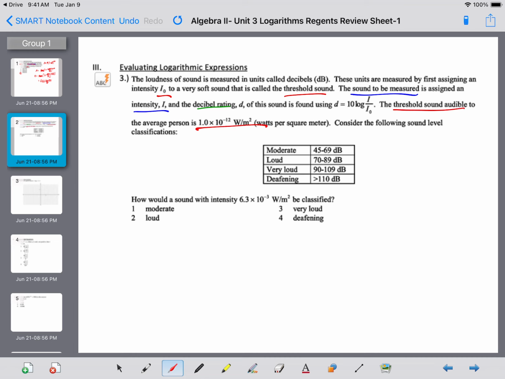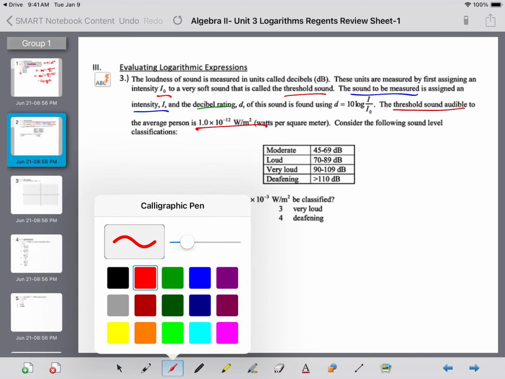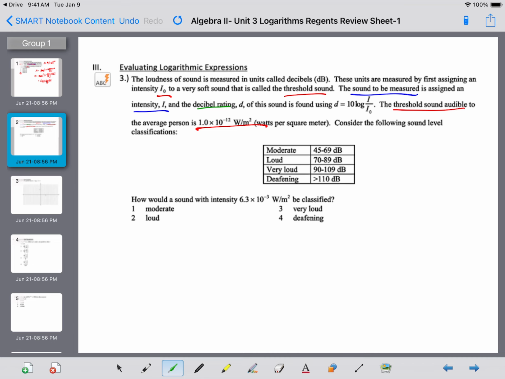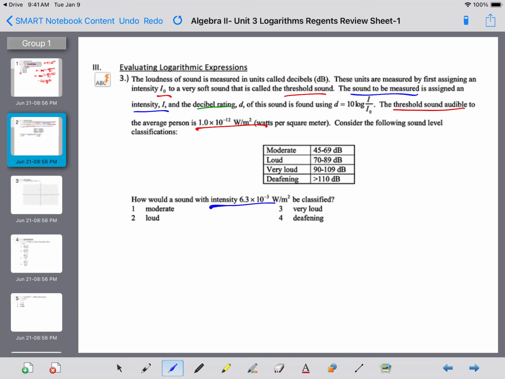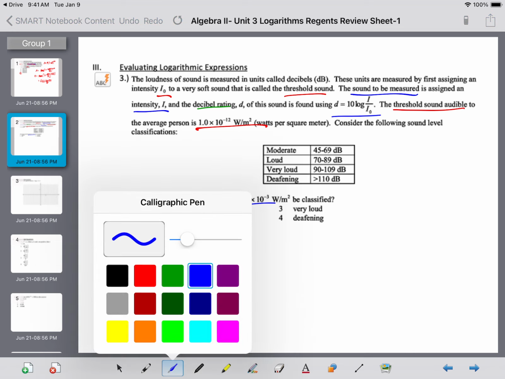Consider the following sound classifications. How would a sound with intensity 6.3 times 10 to the negative 3 be classified? So we want to find how many decibels so that we could use this chart. So we're going to plug into that formula.